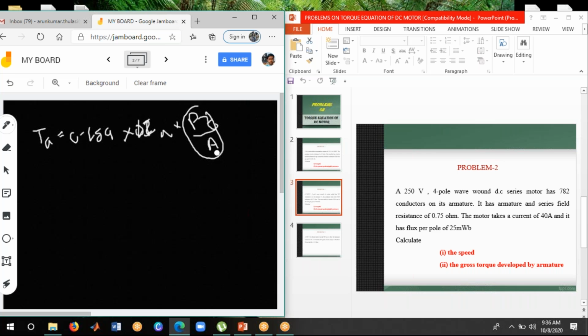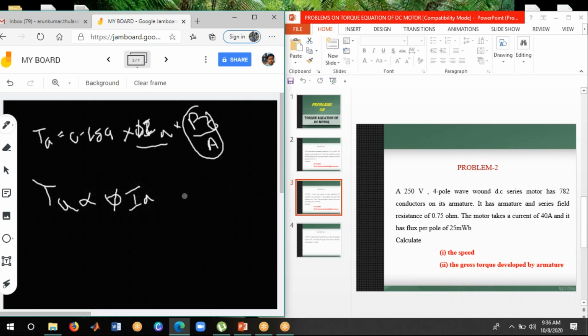The number of poles, armature, parallel paths, and conductors are constant, so it is not variable. The only variable parameters are flux and Ia. From this relation, I can write that the armature torque is directly proportional to phi Ia. So you can write the relation between the armature torque, flux, and armature current like this.